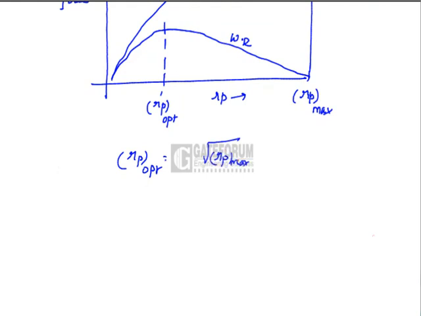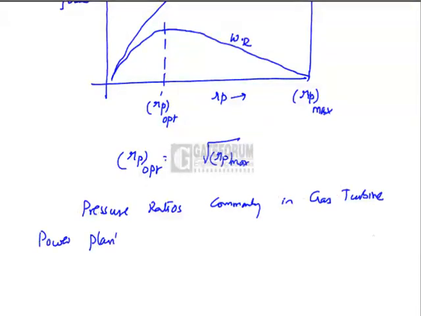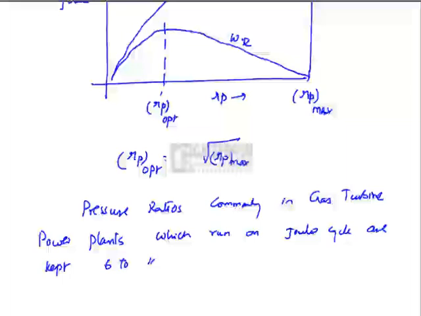Most of the time our criterion is to get maximum work output, hence usually the pressure ratios commonly used in gas turbine power plants which run on Joule cycle or Brayton cycle are kept in the range of 6 to 10.